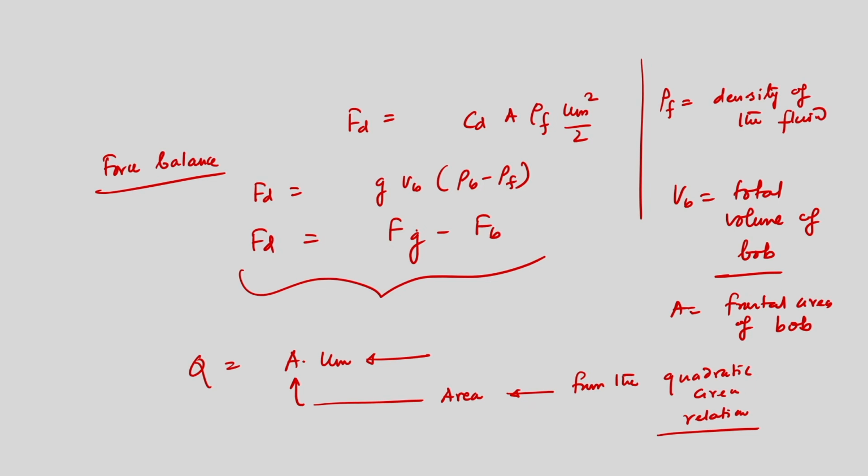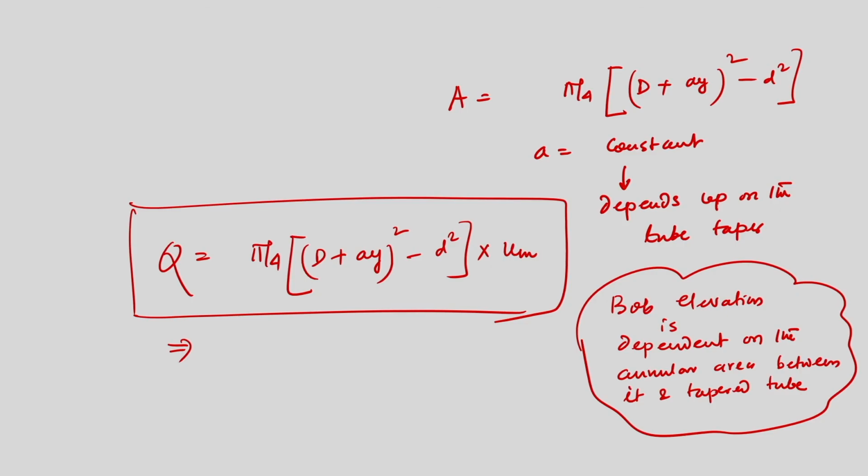So, the weight plus the buoyancy force will be balanced by the drag force. From there we calculate the flow velocity, and knowing the mean flow velocity we can calculate the flow rate. We know Fg, the bob weight, and we can calculate Fb, the buoyancy force, because we know the bob volume and the fluid density. So, from this expression we can calculate the volume flow rate.